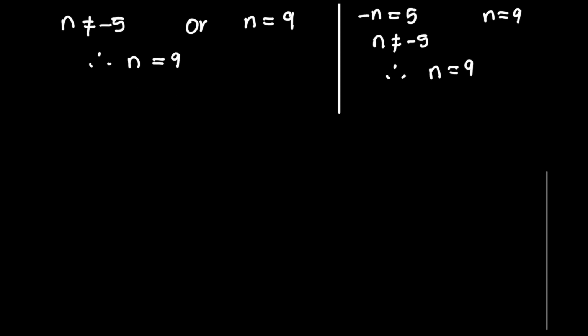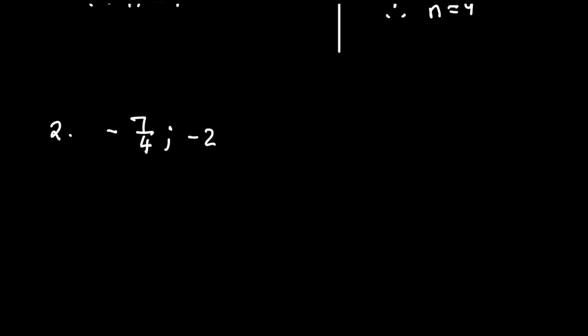Now we're done with the first question. We're going to the second question. Our second question is as follows. We're given a quadratic sequence, and we are supposed to find the nth term.